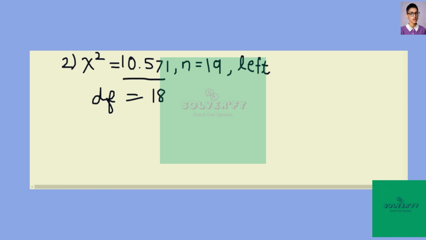Chi-square equal to 10.571 lies between 9.390 and 10.865 as seen in the table for the chi-square distribution under degrees of freedom equal to 18. The corresponding alpha values are 0.95 and 0.90.